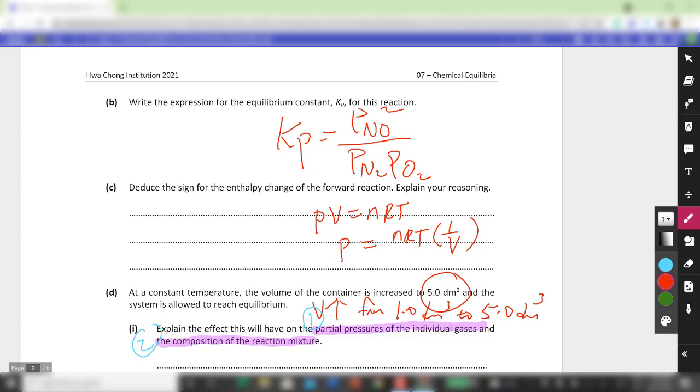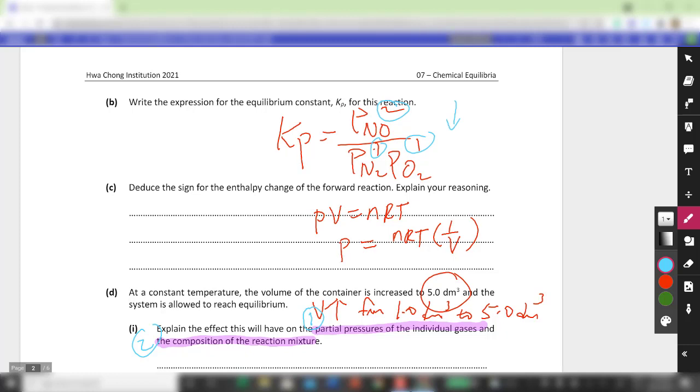Since in this case the number of moles of gaseous molecules on both sides is the same, if you just examine the power term, and write the 1 here, there are 2 moles of products, and then 1 mole of each reactant. So for the top portion, if you examine it directly, it will decrease by 5 times.